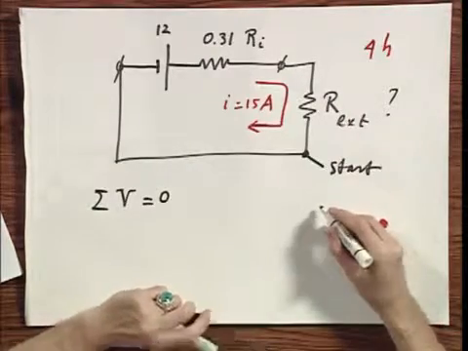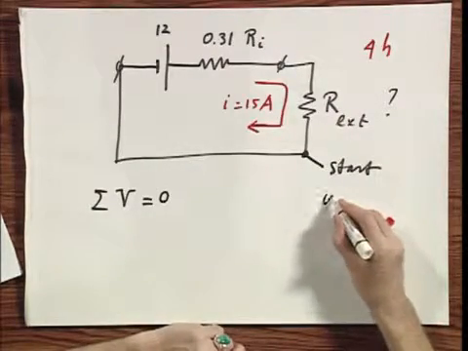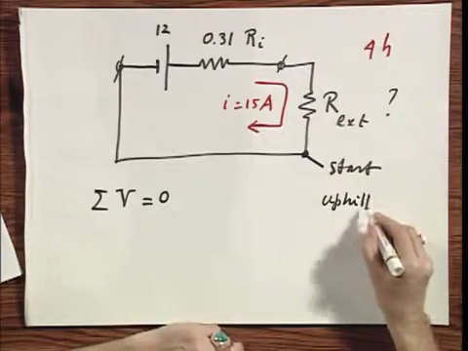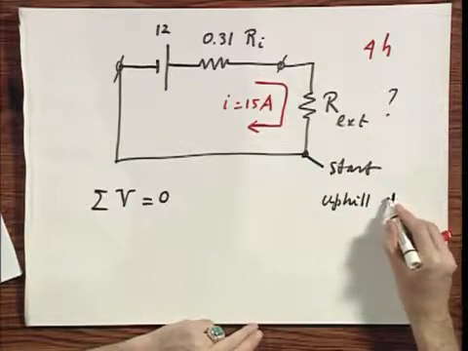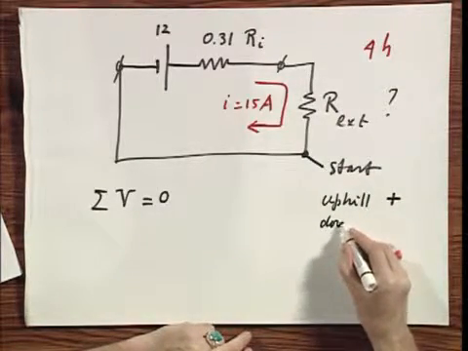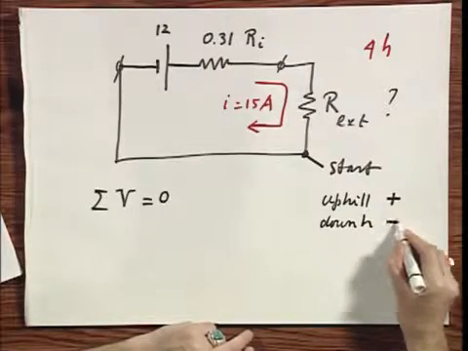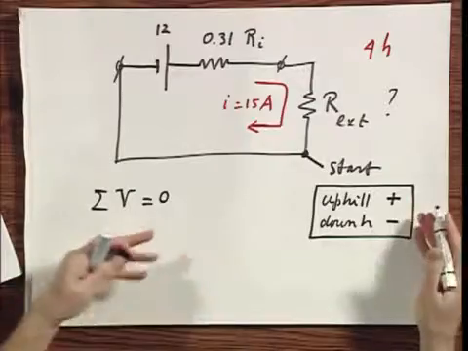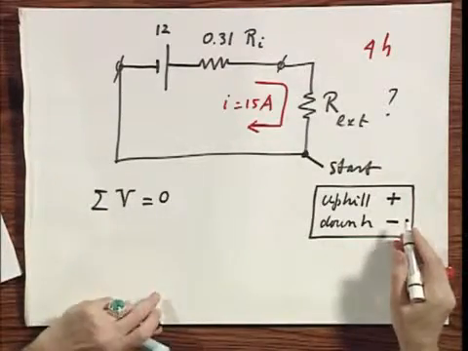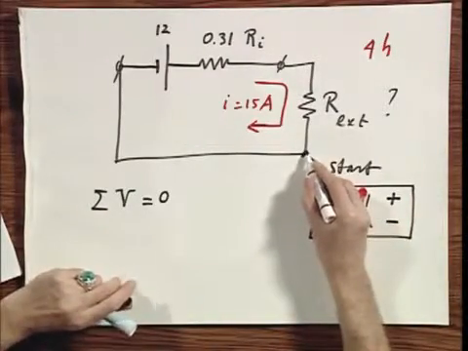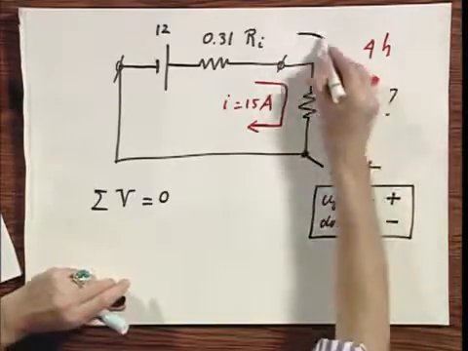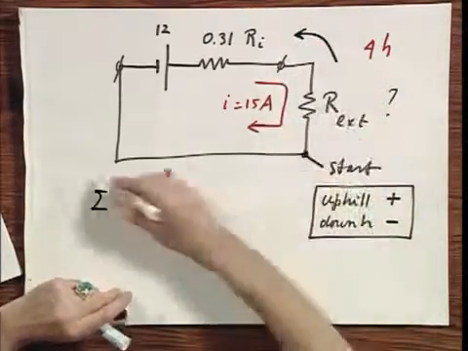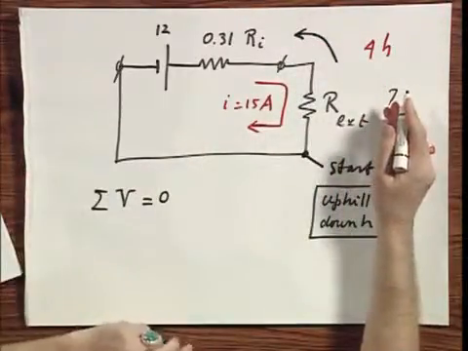Now I'm going to make an agreement with you. Whenever I go uphill, that means whenever I go up in potential, I call that plus, and whenever I go downhill, I call that minus. You don't have to do that. You can reverse this, and your answer will be no different. So I'm going to start here, and I'm going to go around counterclockwise. If you prefer to go around clockwise, it would make no difference.